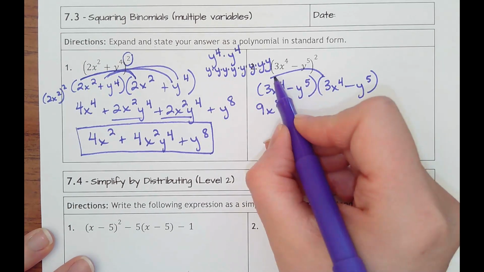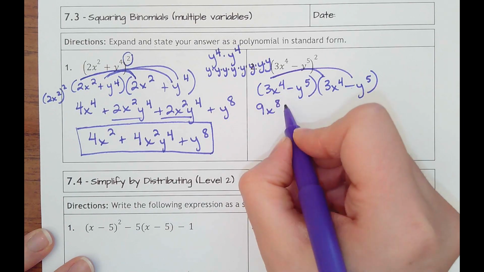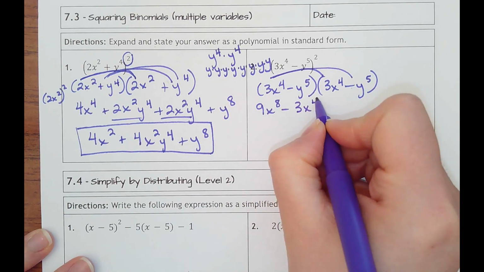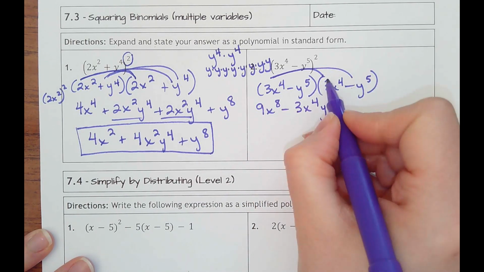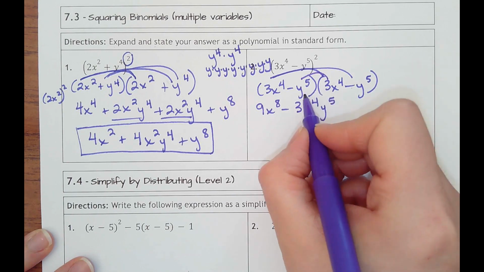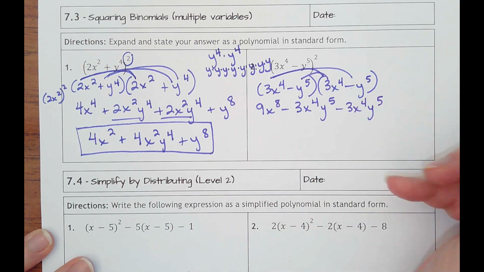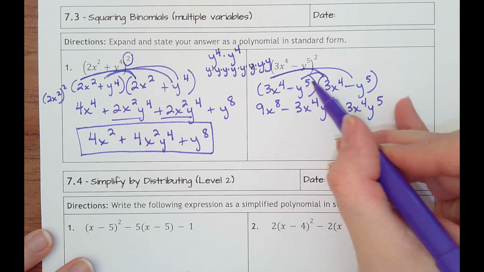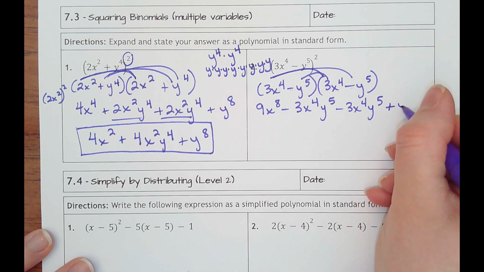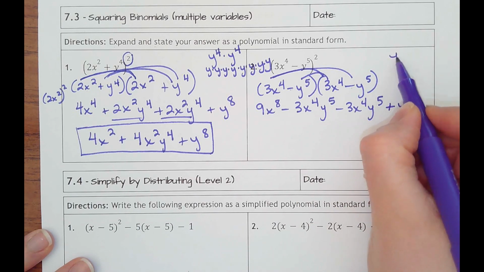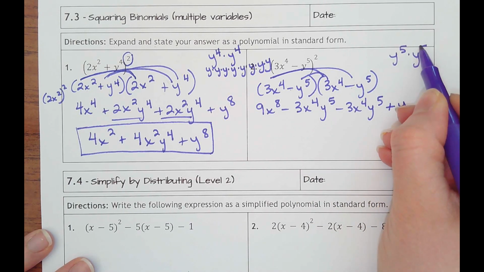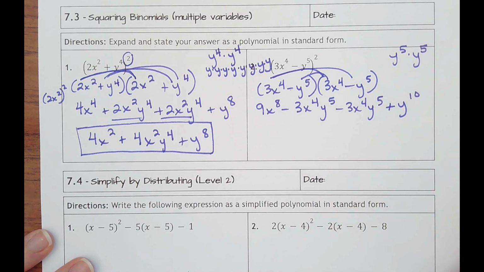And then I've got outers. I'm going to get a negative 3x to the fourth y to the fifth. Inners, I'm going to get that same thing again, negative 3x to the fourth, y to the fifth. And then last, I get negative 1 times a negative 1 is a positive, y to the fifth times y to the fifth is really y to the 10th.